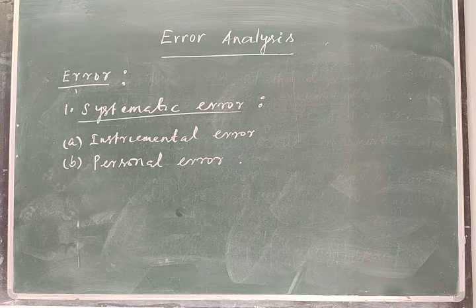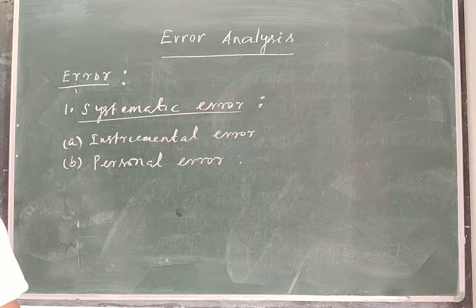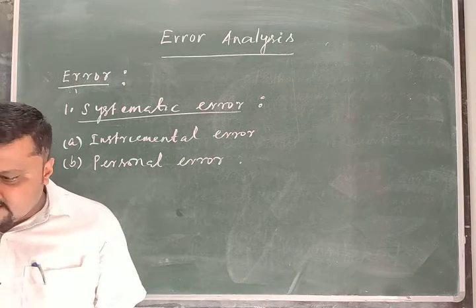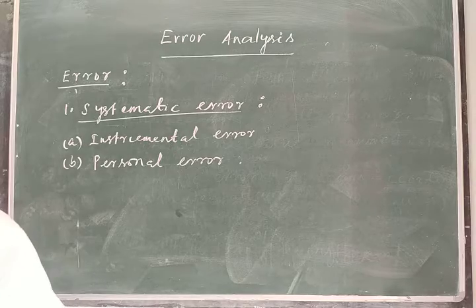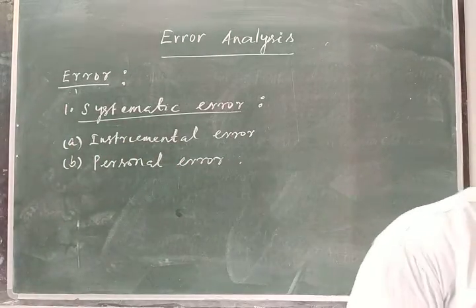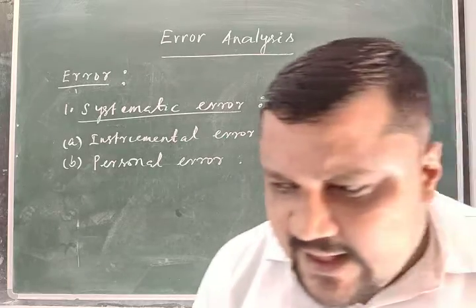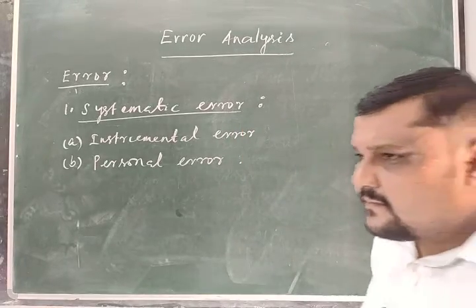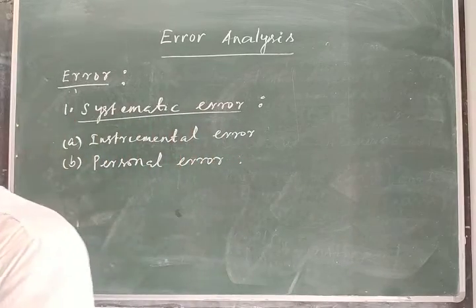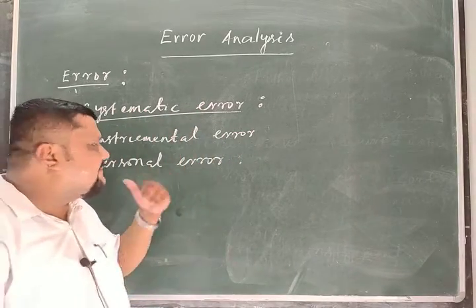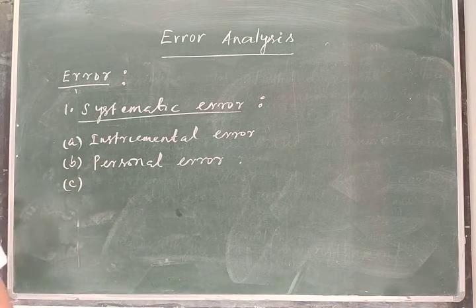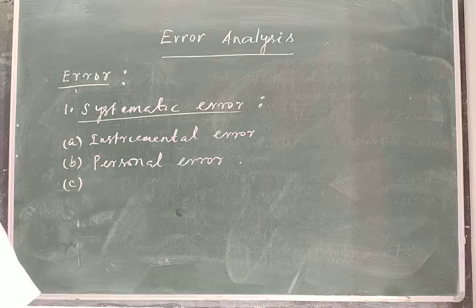In the measurement of a physical quantity, due to the limitations or the carelessness of the observer, if he does not take proper care to measure the physical quantity, then that type of error is called a personal error.